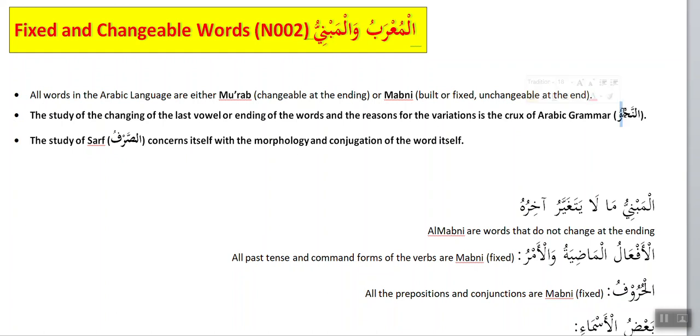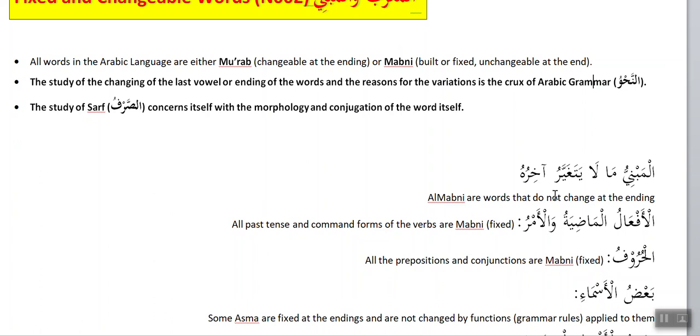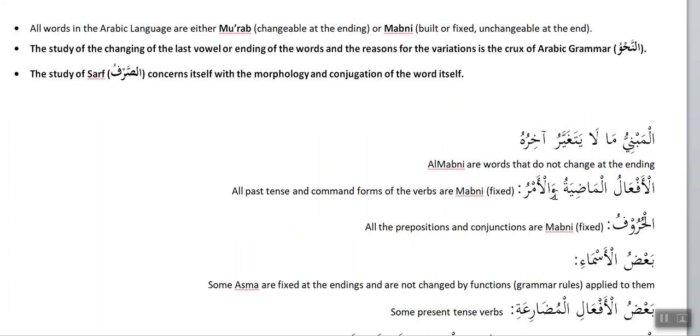But when you look at the ending of the words, what vowel they have, or whether they're fixed and don't change, that is Arabic grammar. And there are rules in Arabic grammar that make that happen. And when that happens, it carries meanings. So these symbols are actually signs of Arabic grammar and also meaning at the same time. And as you learn Arabic grammar, you'll understand.